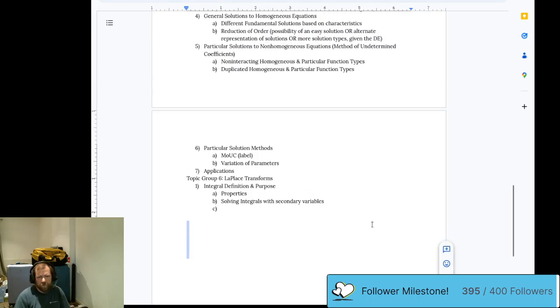So the Laplace transform has integral from 0 to infinity of e to the negative st of f of t dt, and figuring out for what values of s an integral will converge or diverge. So that's kind of the crux of trying to figure out what's going on with Laplace transforms, is figuring out how all this other stuff goes.